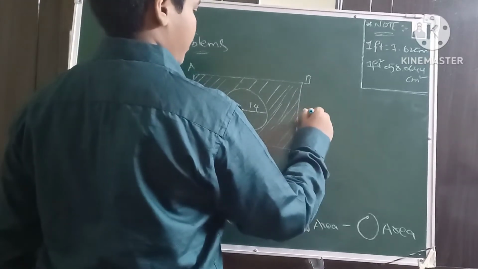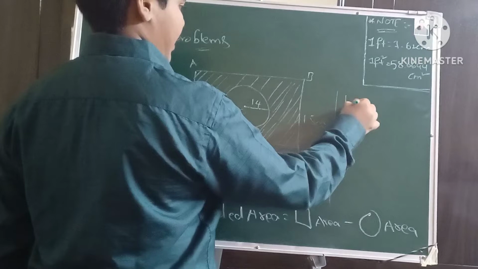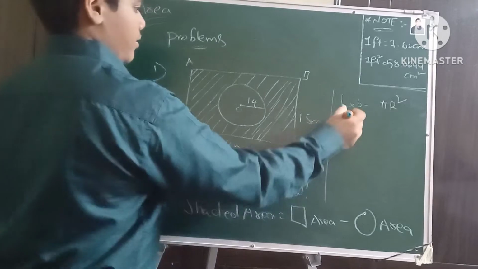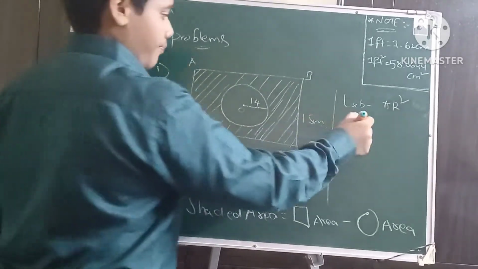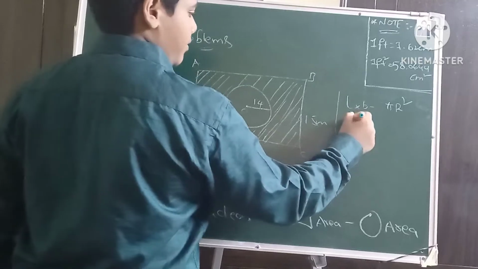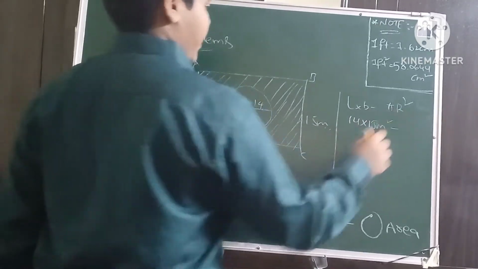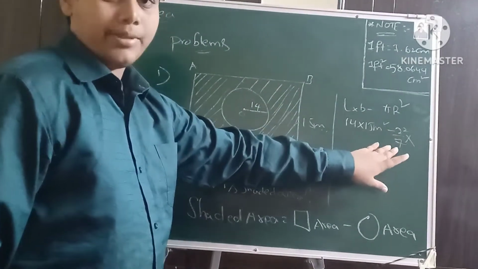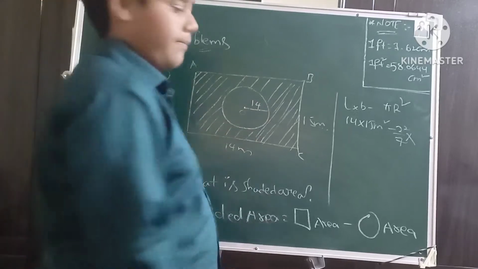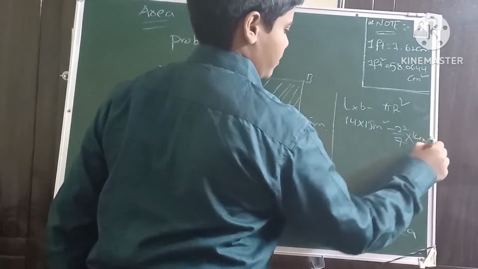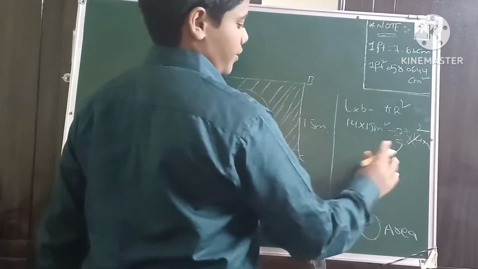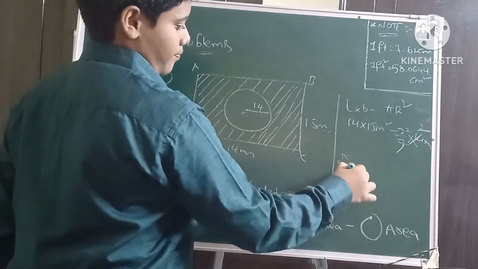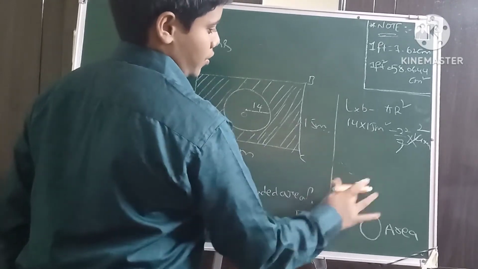So I will do the process here. L into B minus pi r square. So 14 into 15 meter square minus 22 by 7 into 14 into 14. 2 times 44 into 14 is 616. And 14 into 15 is 210.